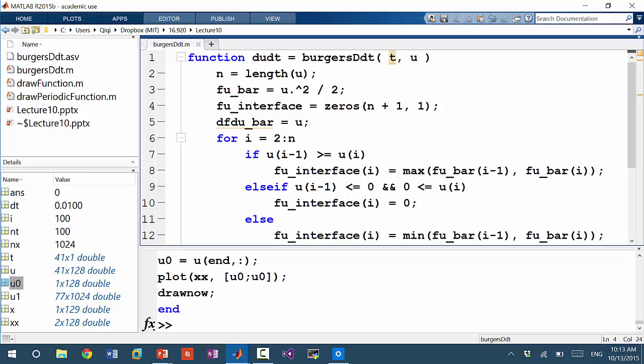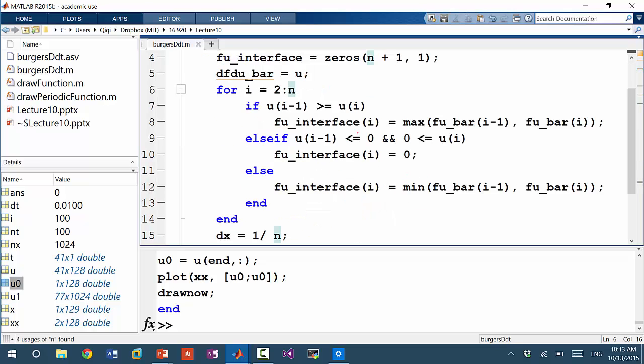Yeah, I wanted to use a zero boundary condition, which makes the boundary values zero. Okay.